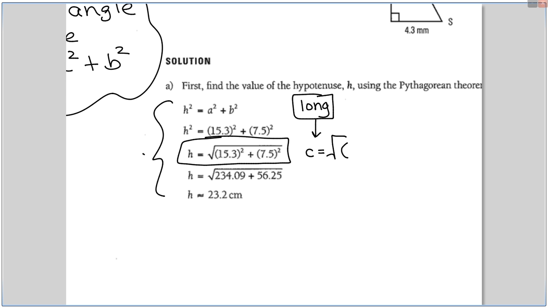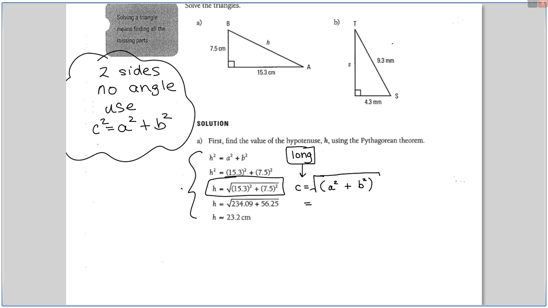You hit the square root button, open a bracket, which extends this sign, and you go short side squared plus other short side squared, close the bracket, hit enter. You guys already have that shortcut somewhere on a formula sheet, I hope.